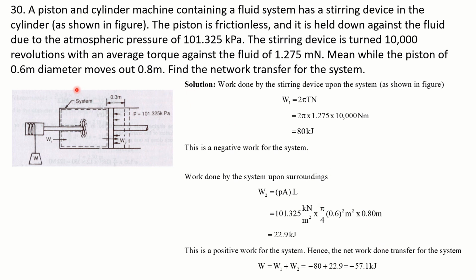Okay, so the piston of 0.6 meter diameter moves out 0.8 meter. So if you calculate, you will get 22.9 kilojoules. The output is 22.9 kilojoules, input is minus 80 kilojoules. Substitute here, you will get the net work, that is net work done by the surroundings on the system.